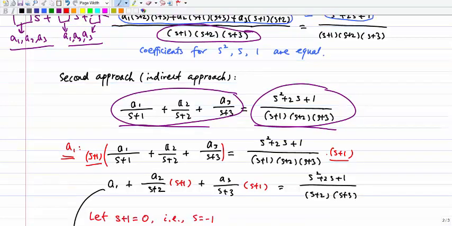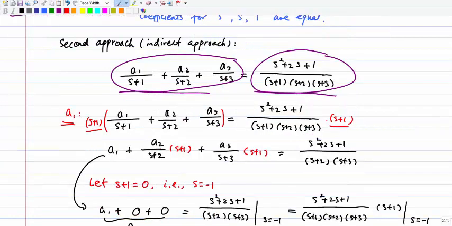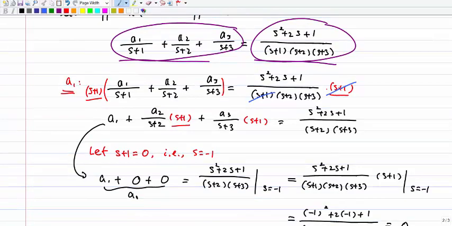If you do that, I have a1 plus a2 divided by s plus 2 times s plus 1, and a3 divided by s plus 3 times s plus 1. Now the s plus 1 will cancel out on the left, so you have s squared plus 2s plus 1 divided by (s plus 2)(s plus 3). The key trick we're going to play here is to let s plus 1 be 0, meaning s equal to negative 1.